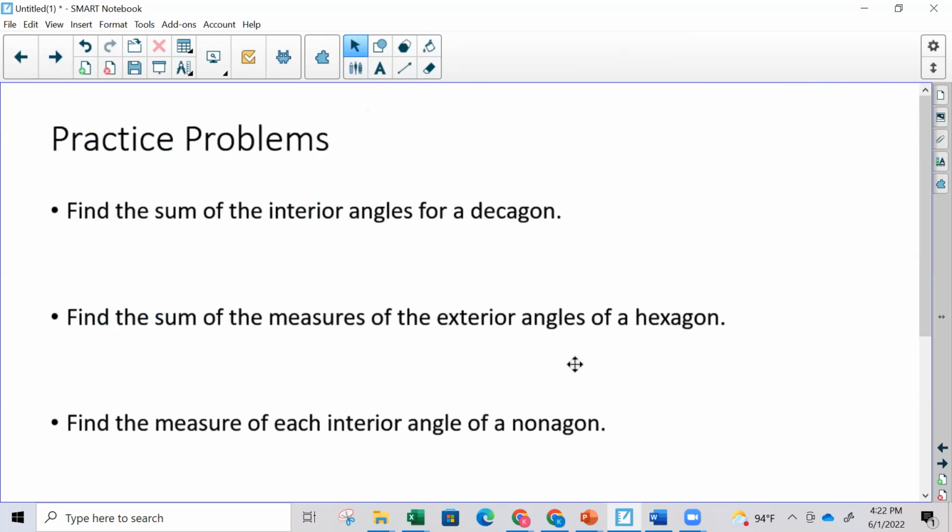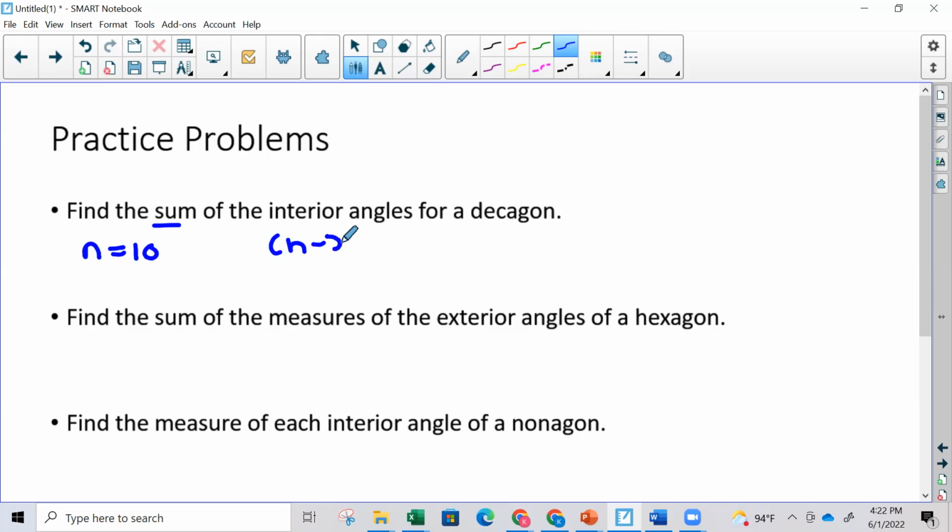Then we are going to look at finding interior and sum. This one says find the sum of the interior angles for a decagon. For sum, it doesn't have to be regular. It could be not regular and it would be the same formulas. A decagon is 10. For the sum of the interior angles, you always have to use this formula. So let's go over the sum.